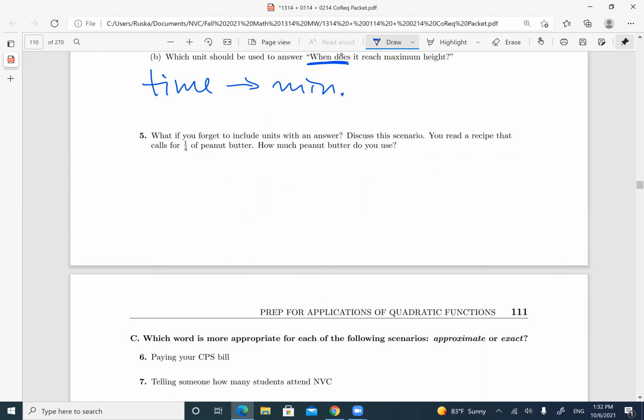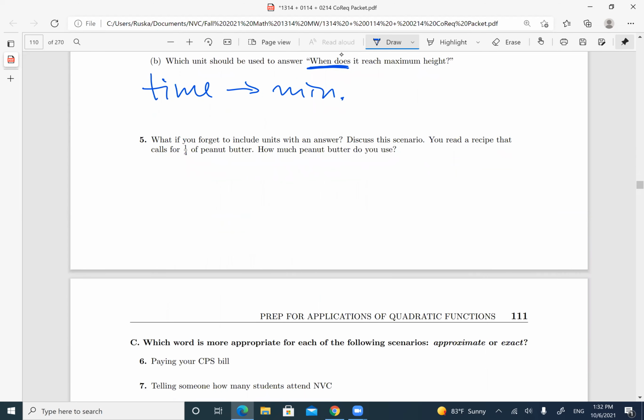Let's look at number 5. What if you forget to include units in your answer? Let's discuss that. Is it important to include the units in your answer? For example, you read a recipe that calls for 1/4 of peanut butter. How much peanut butter are you going to use? It's 1/4. Yes, it's important because we need the measurements, because we don't know if it's a cup, an ounce.